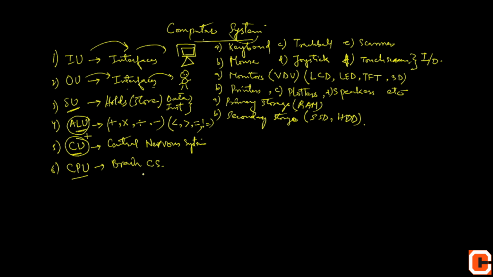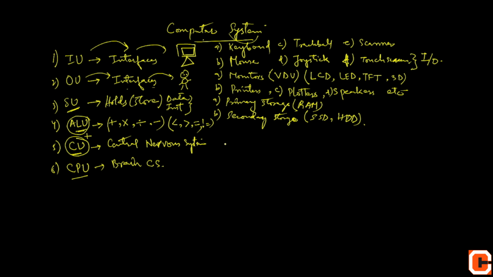Like in a human body, the brain takes all the major decisions and parts of the body function as directed by the brain. Similarly, in the computer system, the CPU performs all major calculations and comparisons and also activities, and controls the operations of the other units of the computer system. This is all up to the central processing unit.